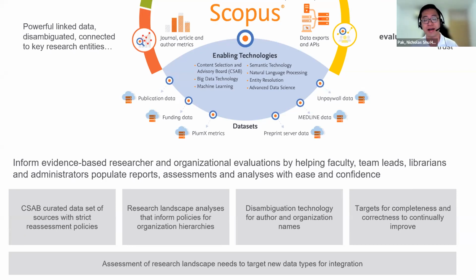The Content Selection Advisory Board curates a data set of sources with strict reassessment policies. The research landscape analysis informs policies for organizational hierarchies. There is disambiguation technology for author and organizational names, featuring targets for completeness and correctness to continuously improve. The assessment of the research landscape needs to target new data types for integration.